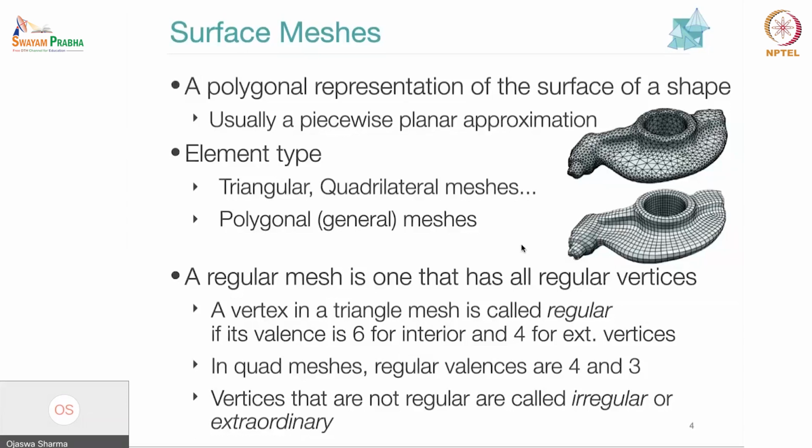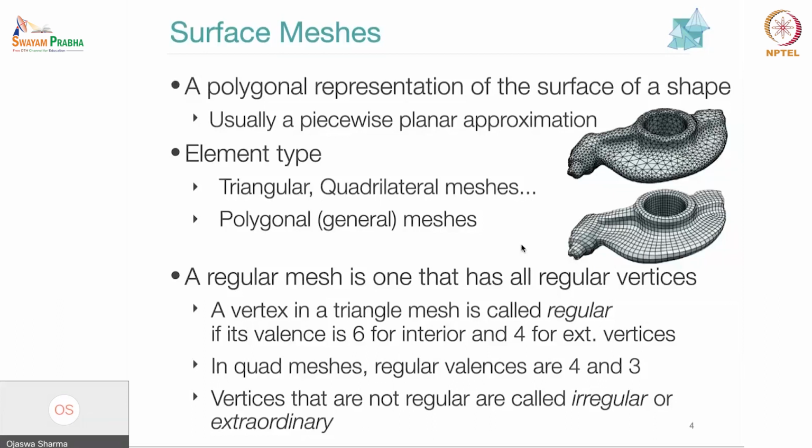In a quad tiling, it's a quad mesh. Every facet element is a quad, and if it's a regular mesh, the valence of every vertex in a quad mesh is exactly 4. Okay, let's first see what regularity is. A regular mesh is one that has all regular vertices. So what is a regular vertex?